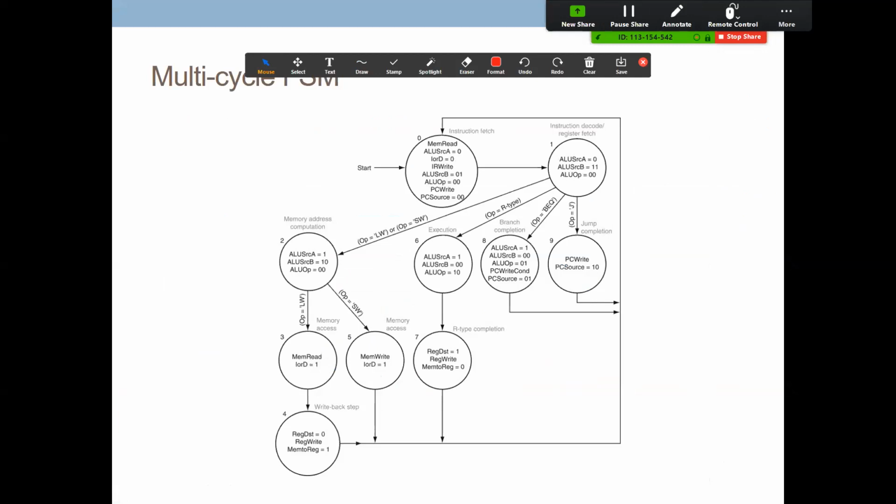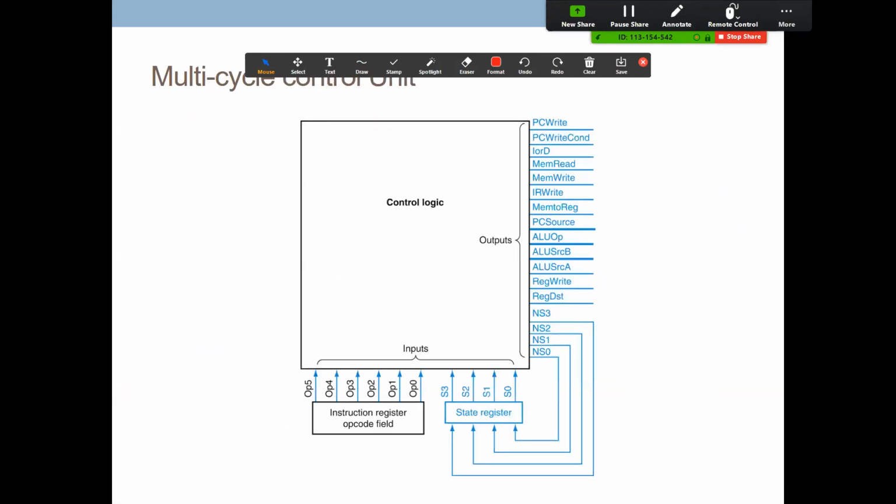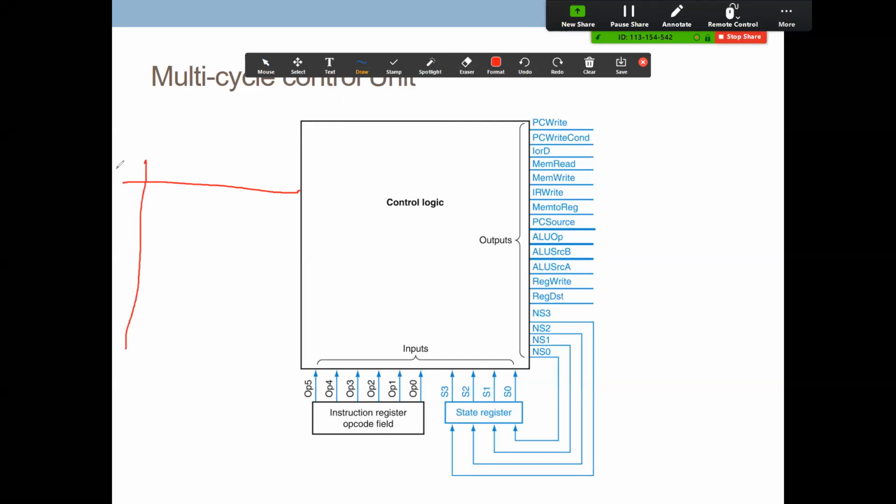So the way we need to look at it is, if you remember logic design, you have your present state, then you have the input, and then I have my next state and I have the output.